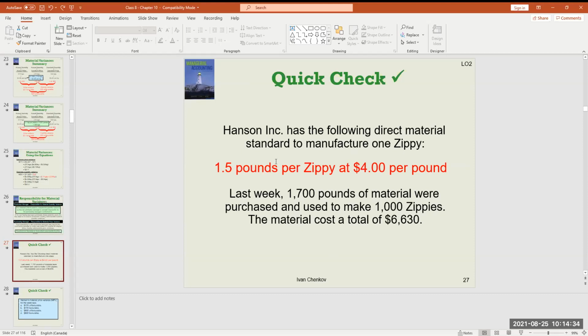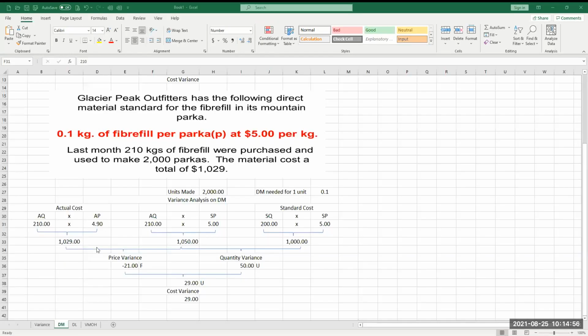Okay, let's do another example, another question, so we can practice this. I'm going to go back to the Excel spreadsheet. I'm going to share the Excel spreadsheet with you. And we can do another example here on the direct material variance.